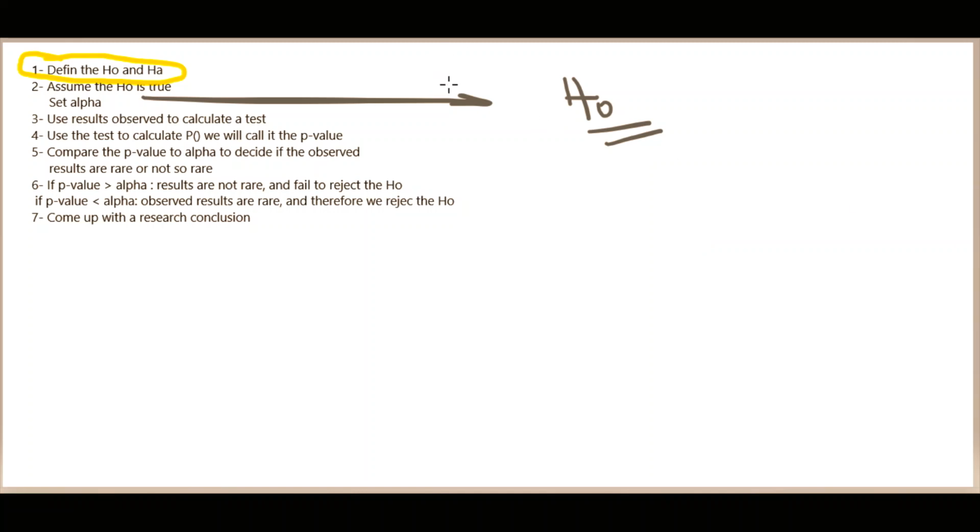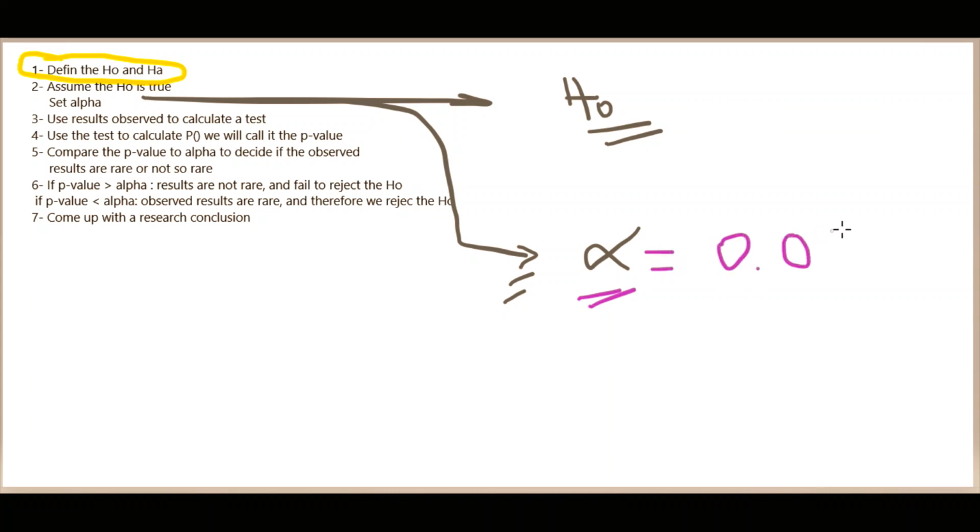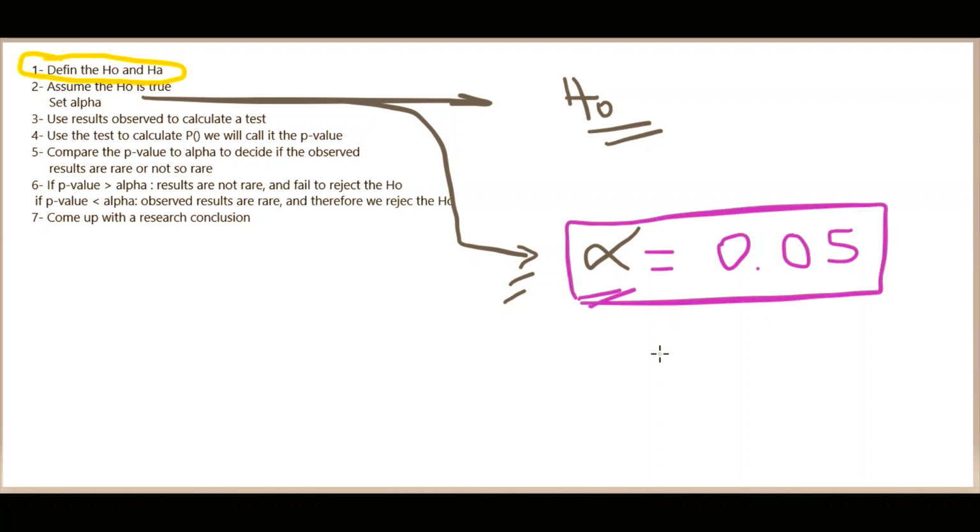Okay. And also part of your second step, right away, right here, you're going to decide on your alpha. Remember your alpha? We said that alpha is the value by which you're going to decide if the probability that you're going to calculate later on is considered rare or not rare. The typical value for alpha, as we said, is 0.05. If nothing else is said, you stick to 0.05.